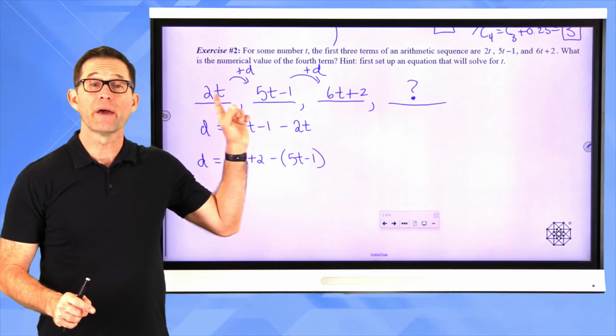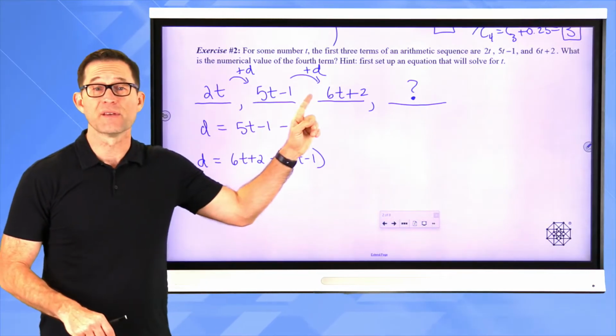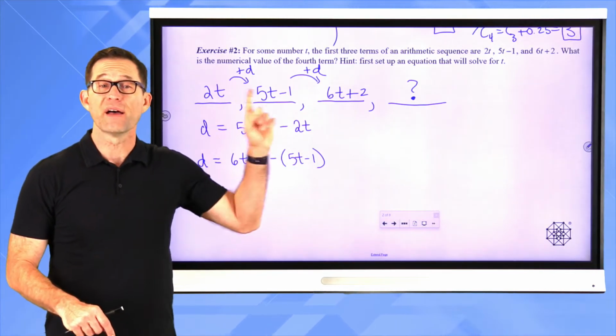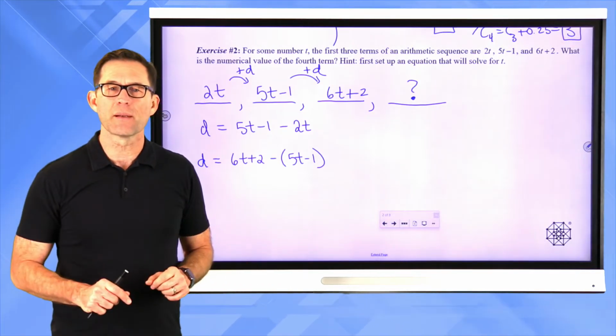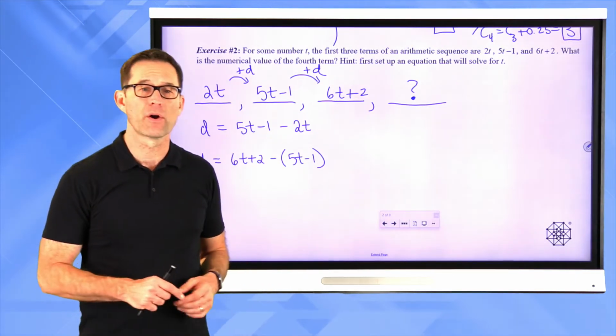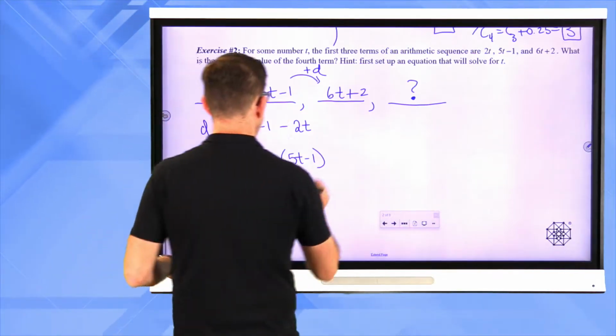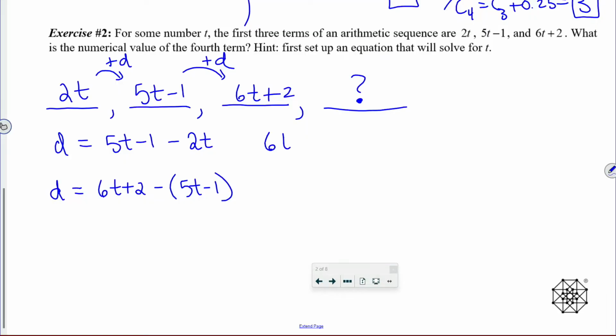So this minus this has got to be the same as this minus this. That's what we mean by a common difference. But this now allows me to set up an equation to solve for the variable t. Specifically, I can set those two things equal and say 6t plus 2 minus (5t minus 1) is equal to 5t minus 1 minus 2t.